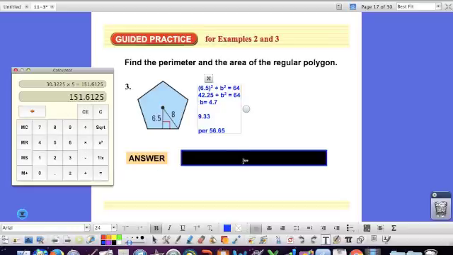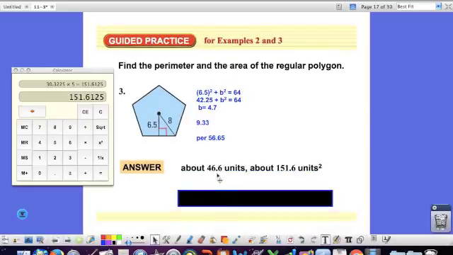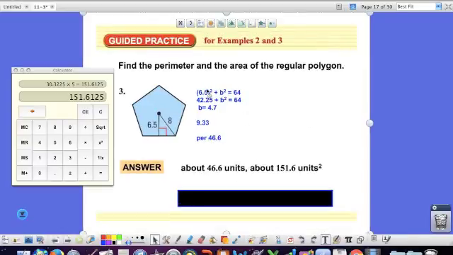So the area of this pentagon is about 151.6 units. Oh, and this was 46.6. I think I pulled out the wrong number here when I had those extra digits. But remember, I don't use the perimeter for finding the area. I use it finding the area of the triangles and multiplying by how many there are.